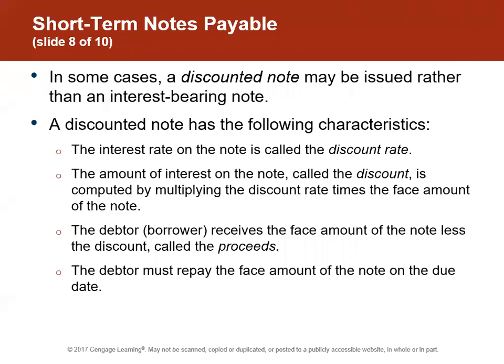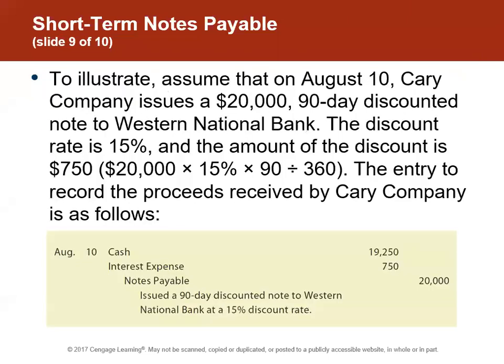That's kind of how I look at it. So the borrower receives the face amount minus that discount, and the discount's calculated the same way we would calculate the interest. And then when we pay it back, we're paying back the full face amount. So it's just a little different way of looking at it.